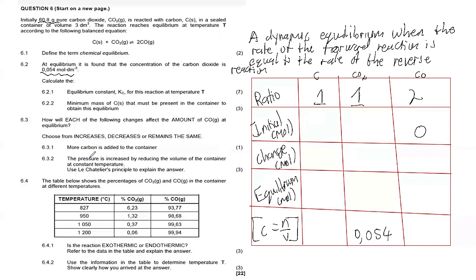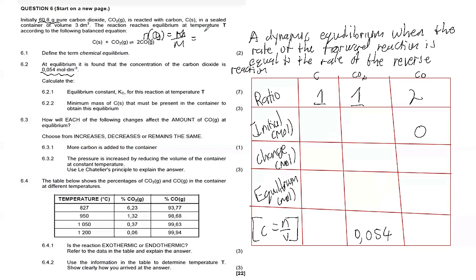When we read further, we can find the number of moles initially of the carbon dioxide, because we are told initially 60.8 gram pure carbon dioxide is reacted with carbon. To calculate the number of moles initially, we say mass over the molar mass.